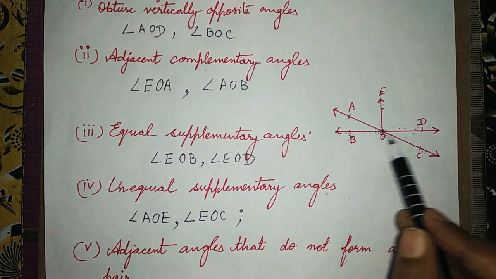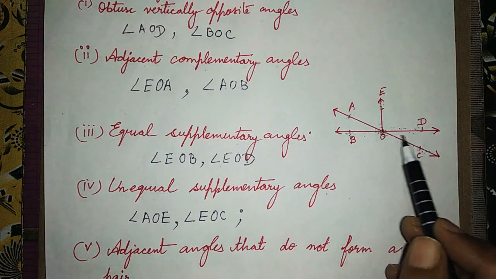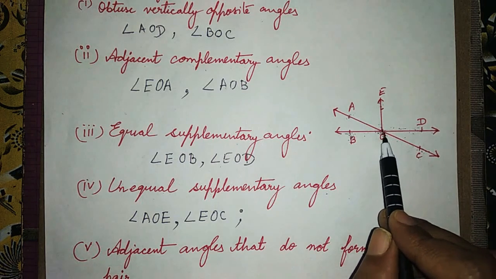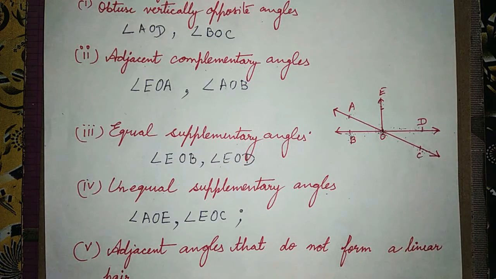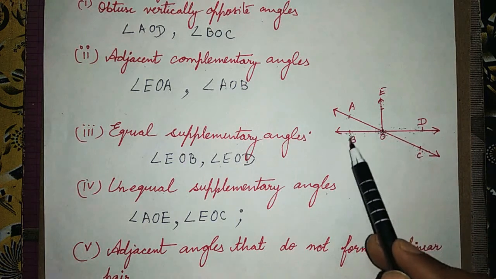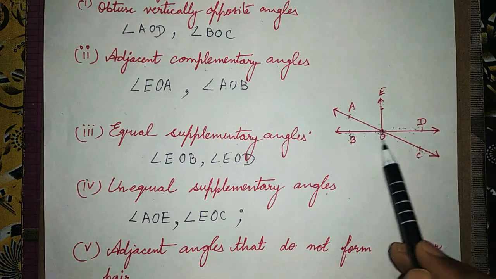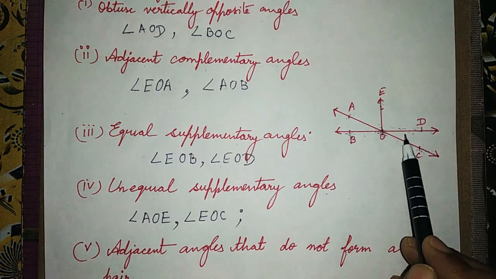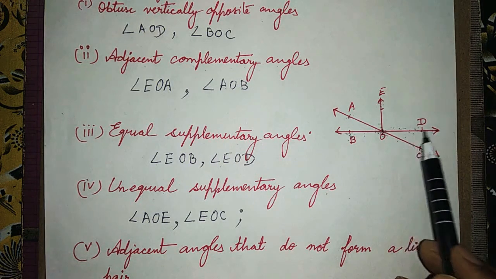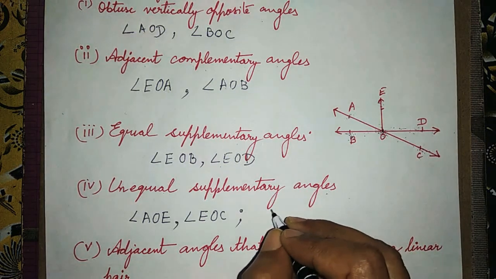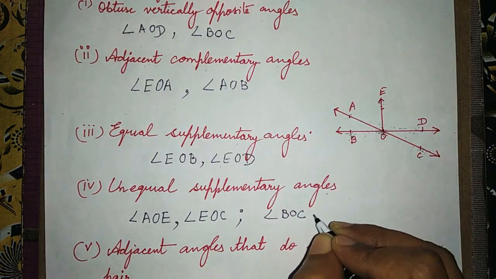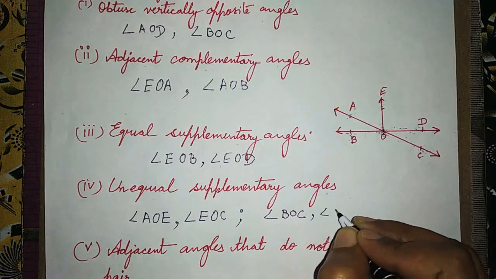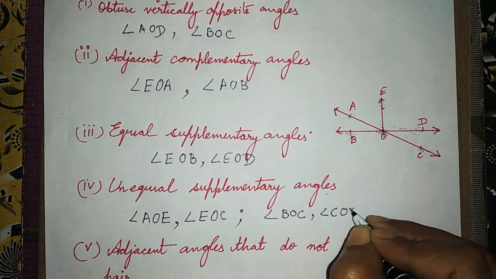And they are adjacent because they have a common vertex, one common arm, and two non-common arms in opposite direction. So they are unequal supplementary angles. So one more pair you can write for this: angle BOC and angle COD.